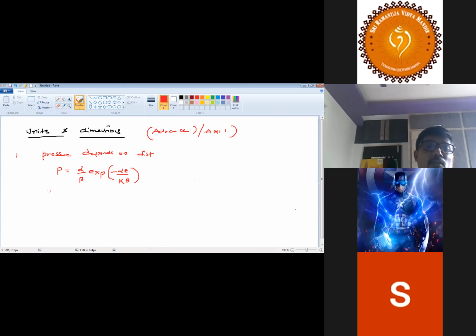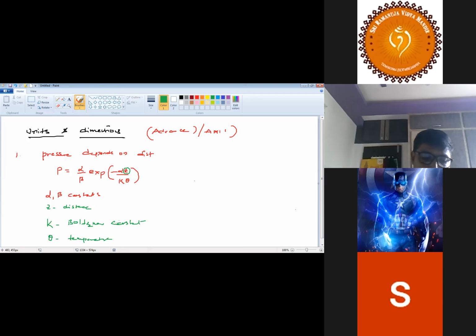Z is distance, and K is the Boltzmann constant. Theta is temperature.